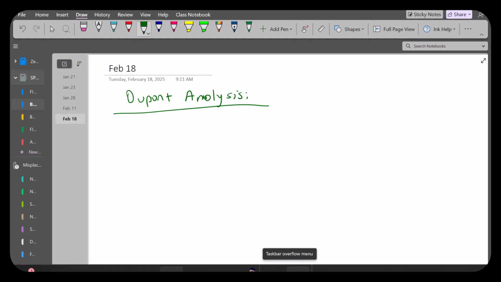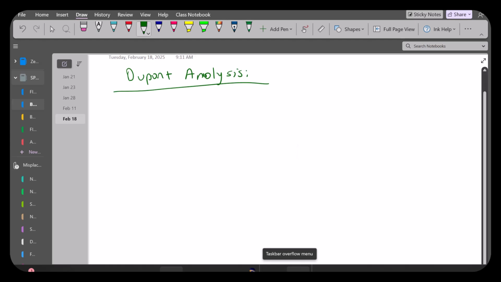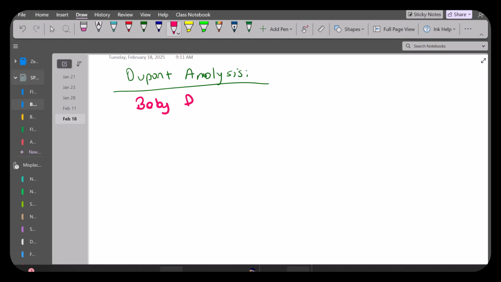This is called DuPont analysis because it was first used in the company DuPont, the chemical company. It basically takes, let's start with what I call the baby DuPont identity.